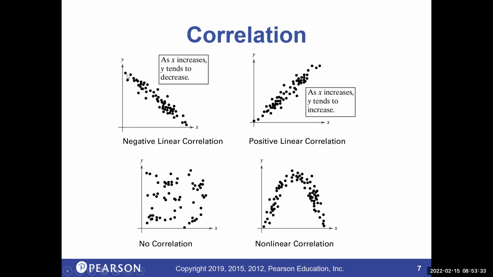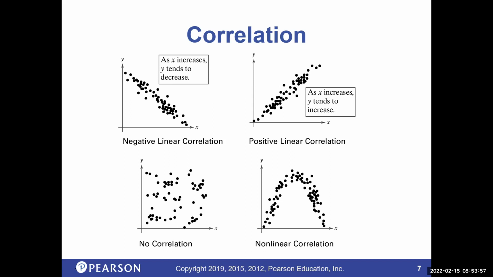If you pay attention to these dots, they tend to be going at a negative slope. As X increases, Y is decreasing, and the points are fairly close together. So we could say that that has a negative linear correlation.